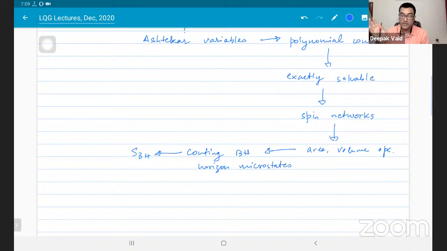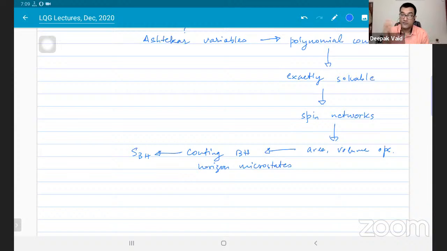That is one way to look at it. The other way to look at it is that when you have a string and you look at its excitation spectrum, you get a spin 2 field as one of the states in the spectrum.